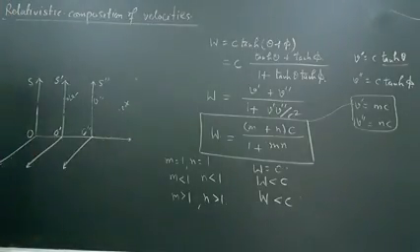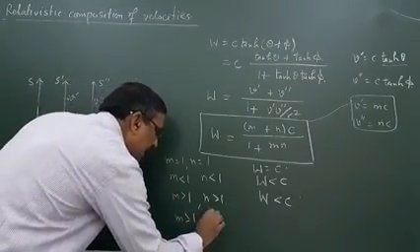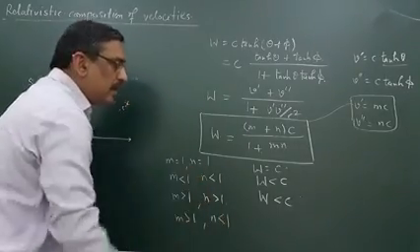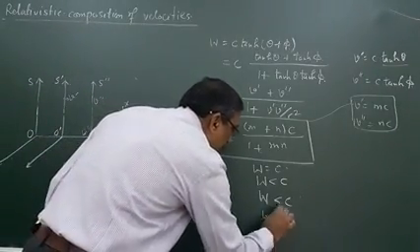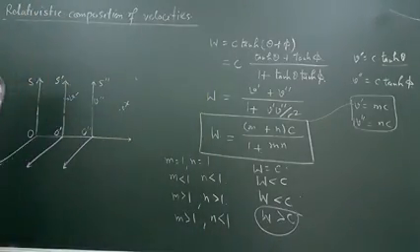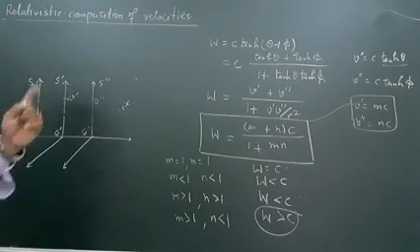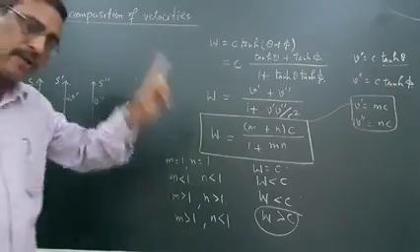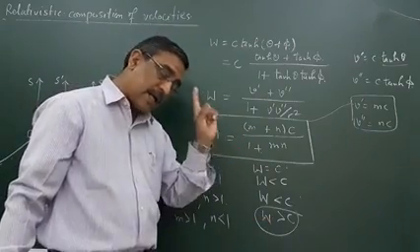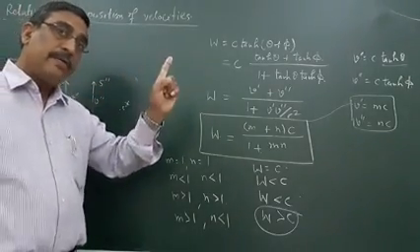But in case one of them is greater than 1 and the other is less than 1, then naturally w will be greater than c, and this result gives us the chance to think about the velocity being greater than the velocity of light.